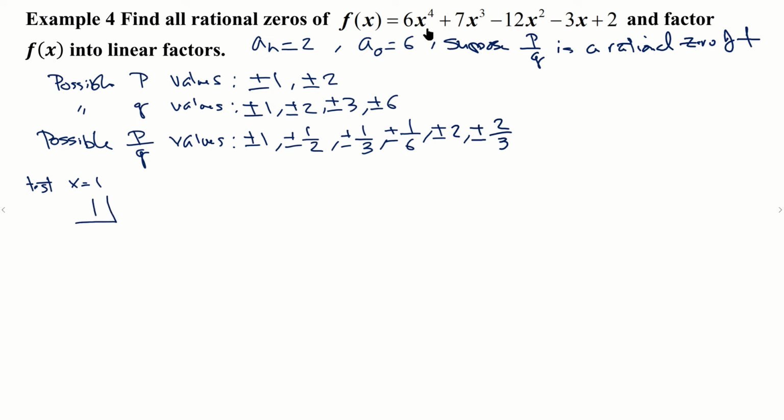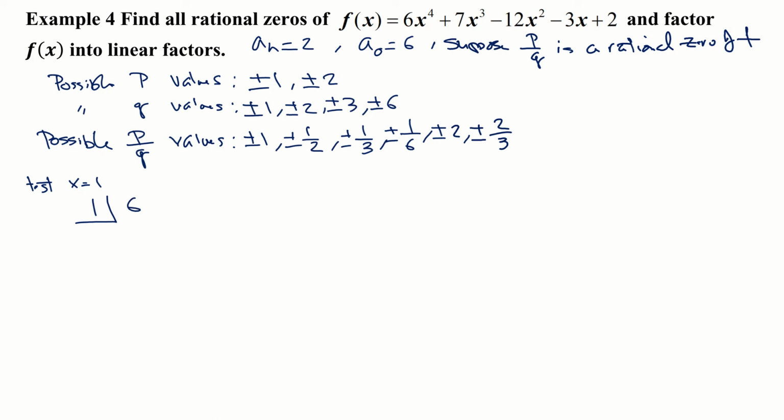Now, this polynomial is in descending order and there are no missing terms. If there were, it would be no big deal, right? We would just put a filler. Like if the negative 3x happened to be missing, we would just put plus 0x and use 0 for the coefficient. So not a big deal.